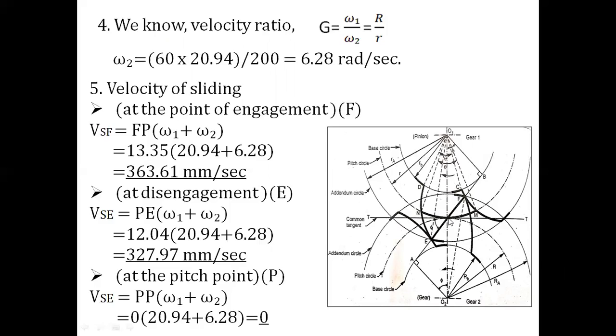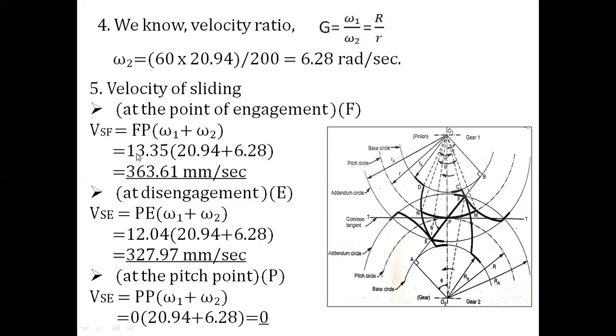So what is our formula of velocity of sliding? Velocity of sliding is the summation of angular velocities omega 1 and omega 2 into the distance of the point of contact up to the pitch point. So FP into omega 1 plus omega 2.